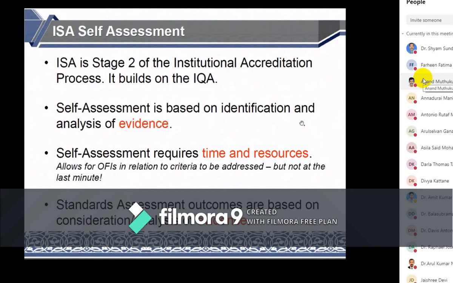Self-assessment is basically based on identification and analysis of evidence. The base is evidence. Evidence comes from the staff, or any work that you're doing. If we are able to document it, then our self-assessment exercise goes through properly. Everything is documentation. So we need to have your evidences ready for any document, any work you do.